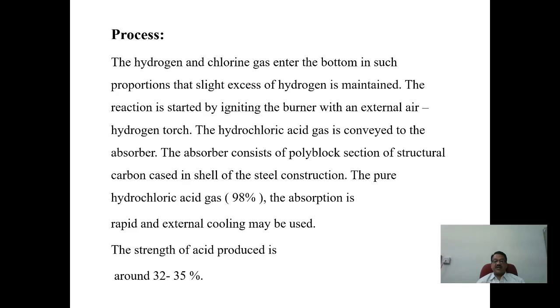The absorption is rapid and external cooling may be used. The strength of the acid produced is around 32 to 35%. This is the process taking place in the synthesis route for the production of hydrochloric acid.